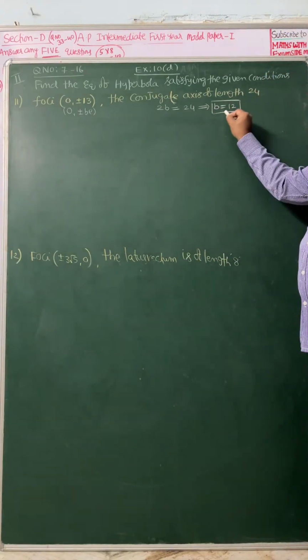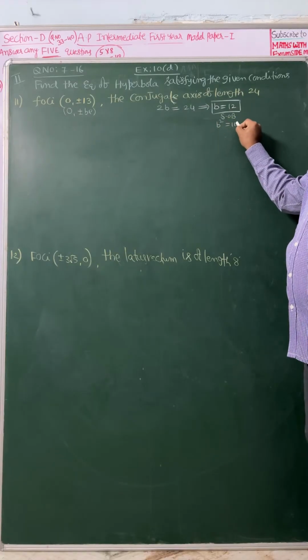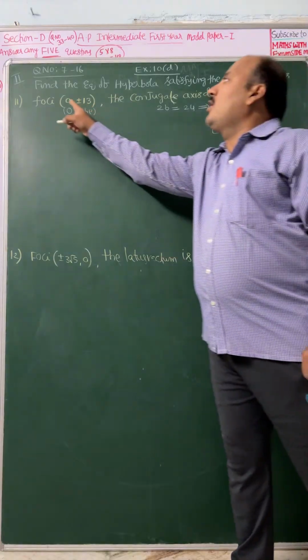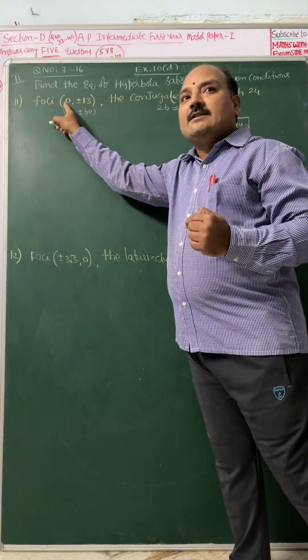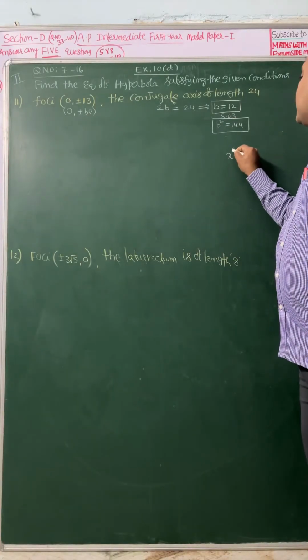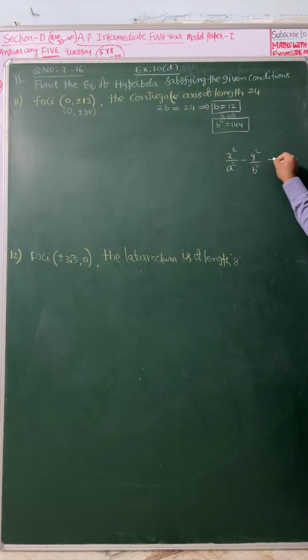So b equal to 12 means b square equal to 144. We observe that foci coordinates lie on y-axis. That is the reason the required equation of hyperbola is of the form x square by a square minus y square by b square equal to minus 1.